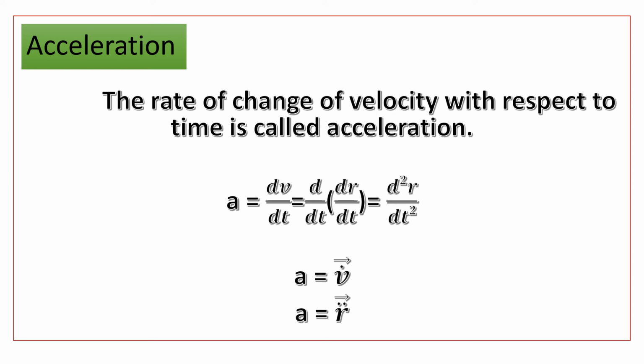So acceleration, in the differential form of velocity, can be written as v dot with the vector sign, and this vector with one dot of differential, in the differential form of position vector r, is represented by the double dot sign on the position vector r, that is written as a is equal to r double dot.